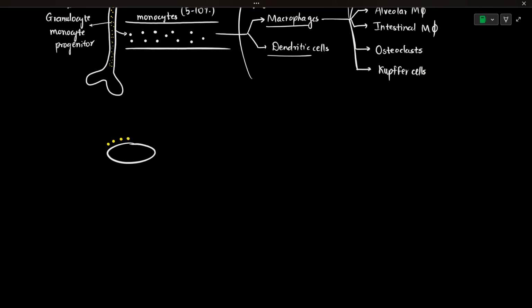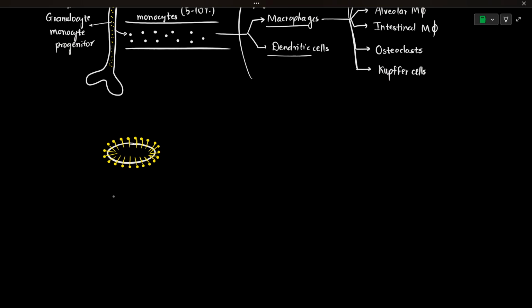This is the site of infection, and it has been coated with some ligand, the ligand for which the receptor is present over the macrophage. These are the molecules, the surface markers for the pathogen, present over the pathogen.